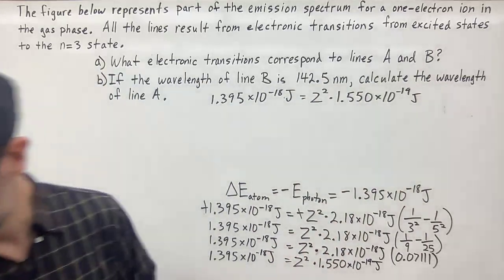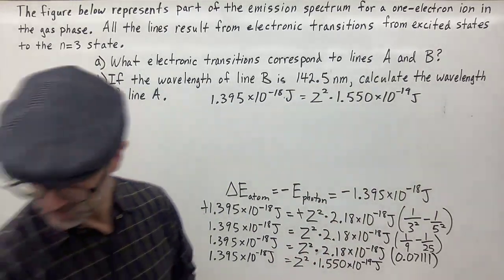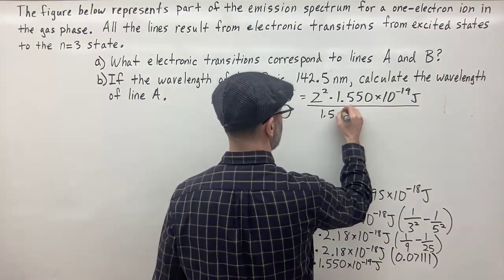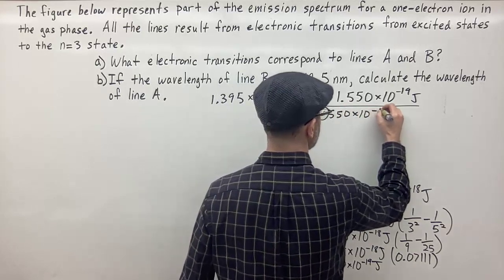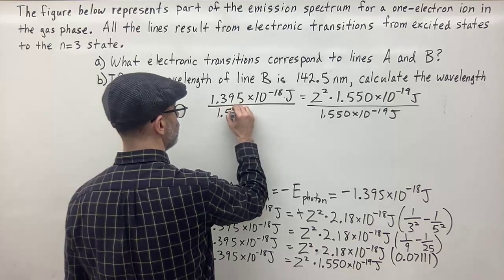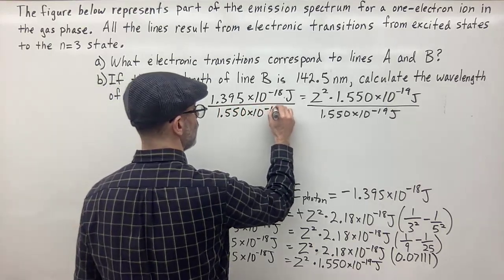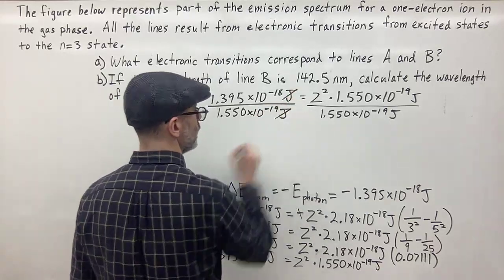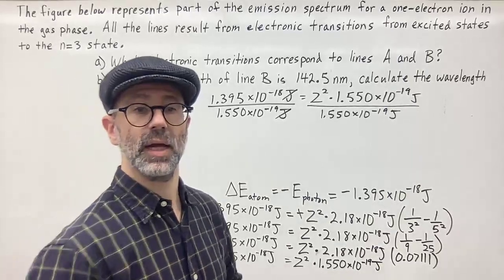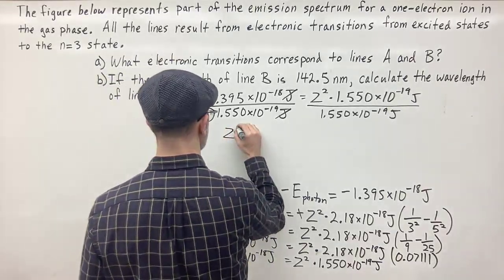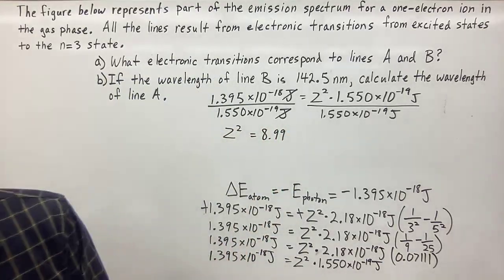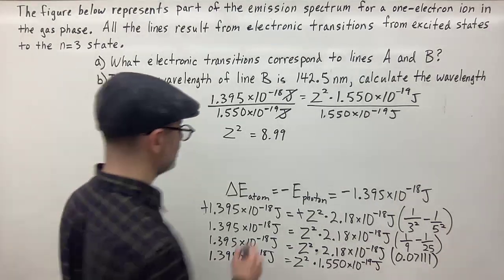Let me double check that calculation. Yep. So now I can divide both sides by 1.550 times 10 to the negative 19 joules. Joules cancels out. And so when I divide that, I get z squared is equal to 8.9987.